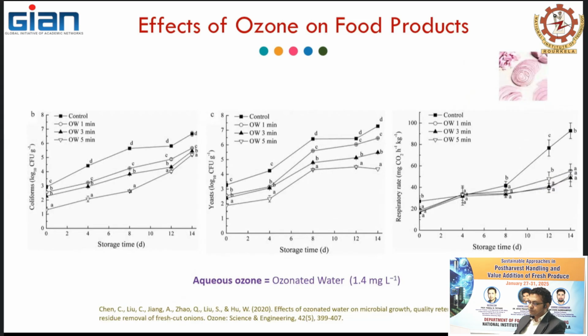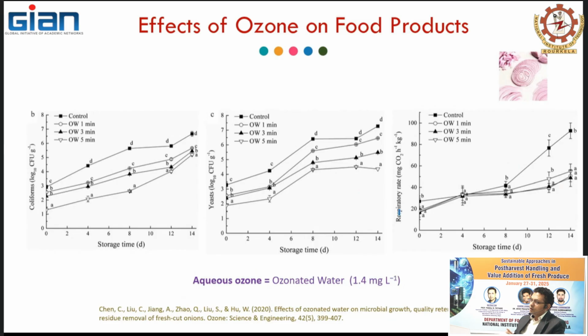Even for onions, for the sliced ones, they came with different treatments, different timings, 1 to 5 minutes, and of course whenever we go to the higher side of the period, rather than changing the dose, we can control the chlorophylls, yeast, and even the respiration.